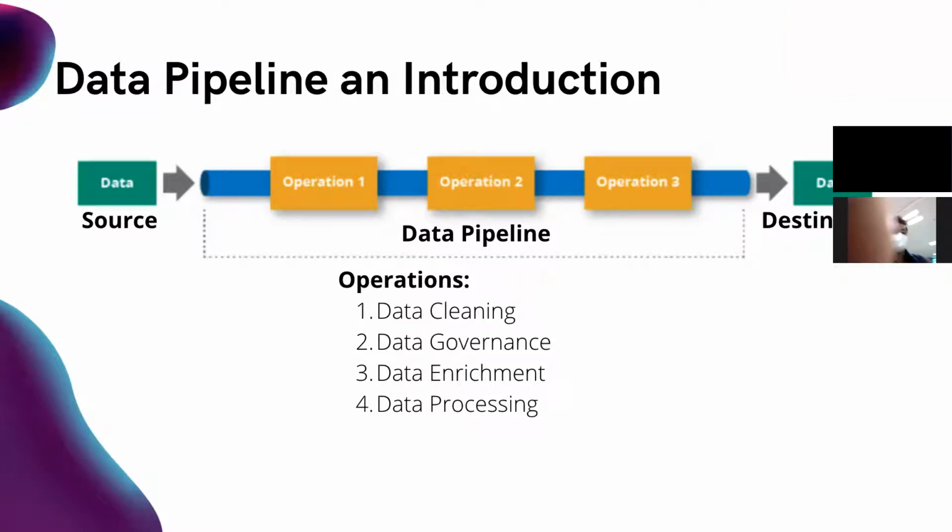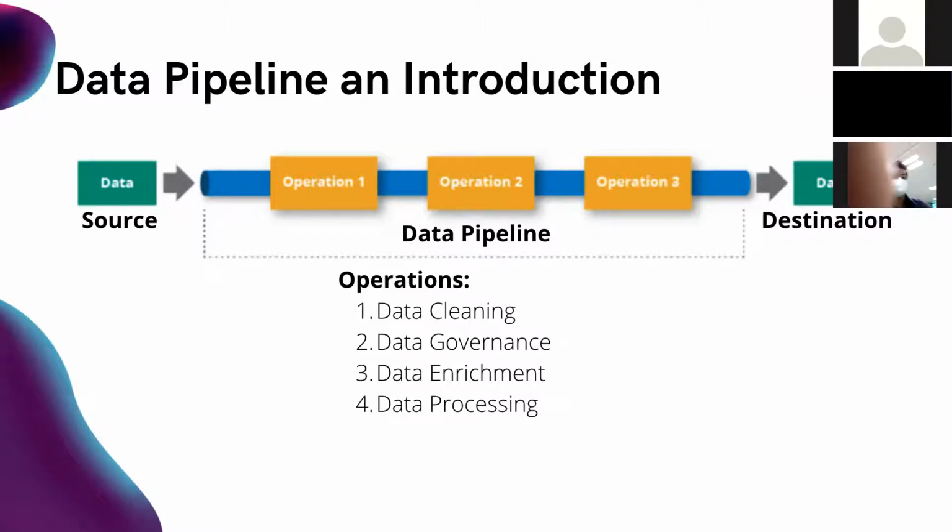It could be data cleaning, it can be adhering to a data governance pipeline, or it can be data enrichment, where you join multiple data sets together, or it can also be data processing, where you process a particular data in order to get a set of information or a set of business results delivered to you, and so on. So moving forward, I'll talk a bit about what a simple data pipeline looks like.